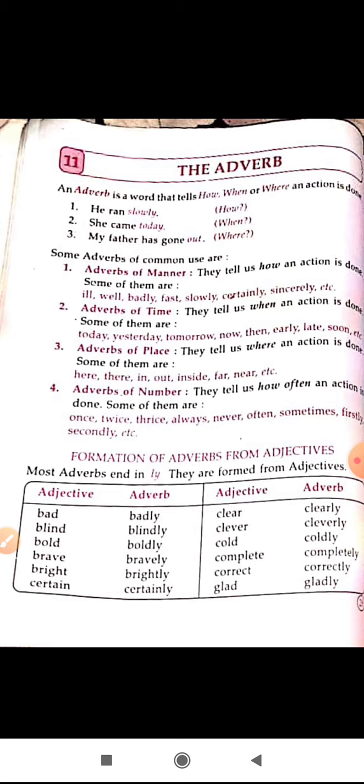So here are some examples of adjective and adverb: bad, badly, blind, blindly, bold, boldly. So many examples are given: clear, clearly, clever, cleverly. Okay. As you all know, most adverbs end in ly and they are formed from adjectives.